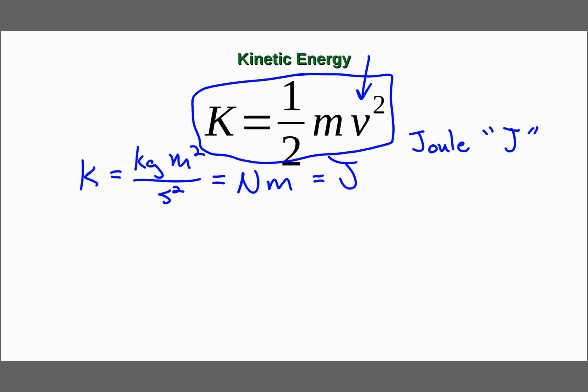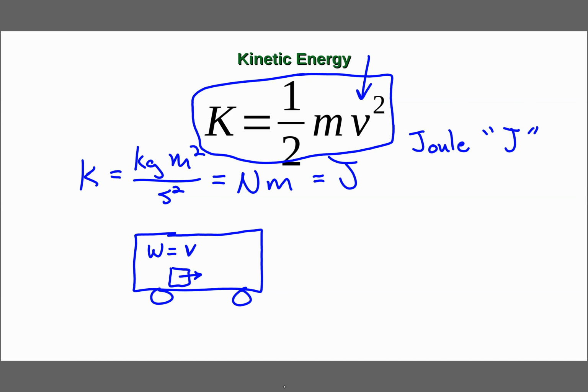So you can imagine if I was calculating my kinetic energy and say I was on a train car. In the train car, if I was pushing a block, okay, and I gave that block some speed v in the train car, that would require a certain amount of work to produce the kinetic energy that I gave the block.